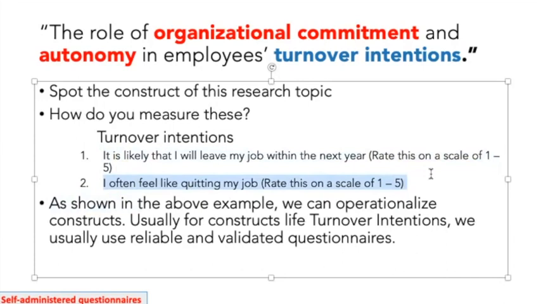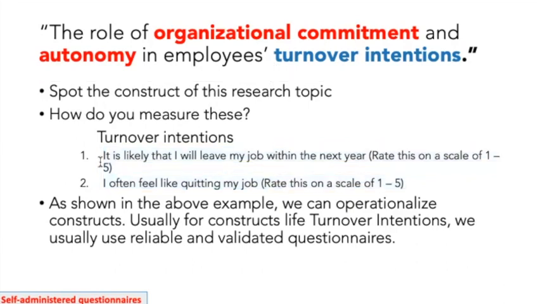Similarly, there would be a lot of other individuals with values in between. Now, this is a very simple method of operationalizing a construct. But you can make this operationalization process far stronger by adding more relevant questions so that you can get a better understanding about the intention of the person to leave.